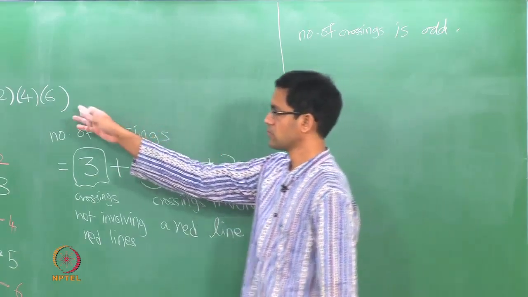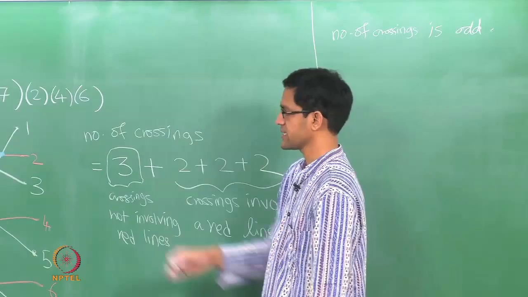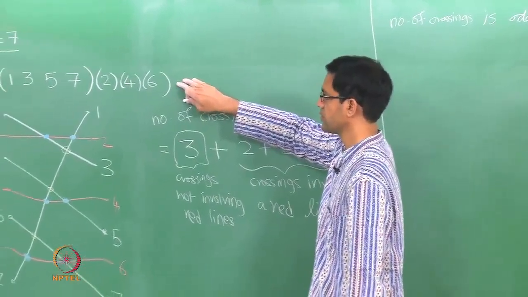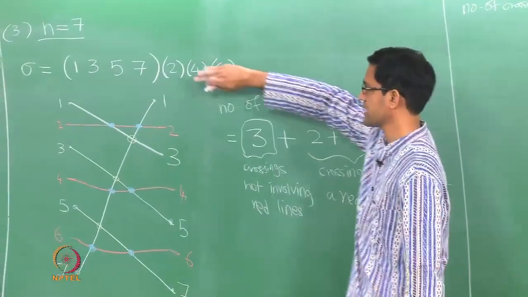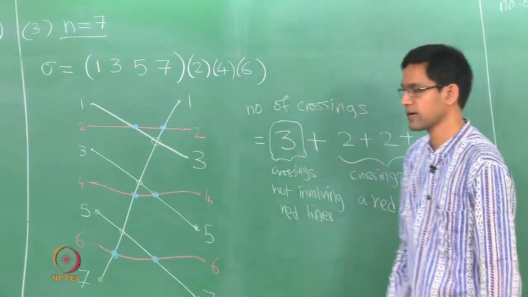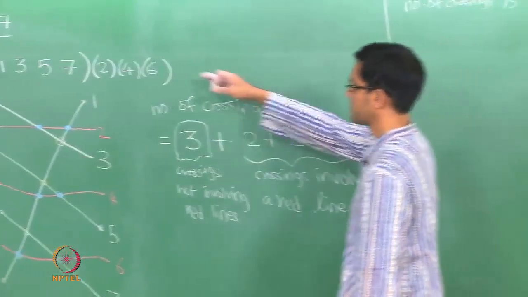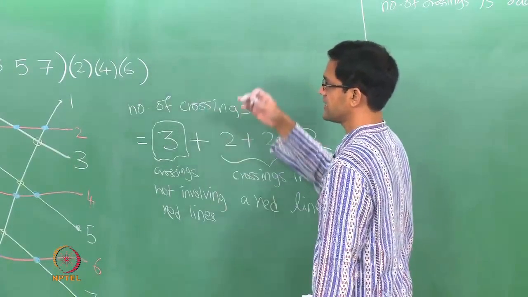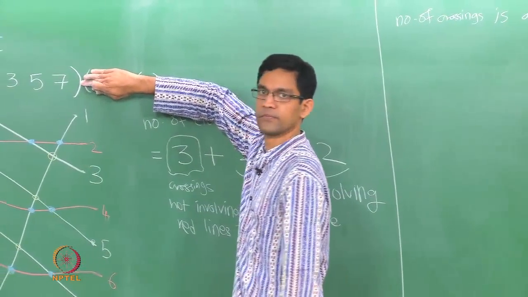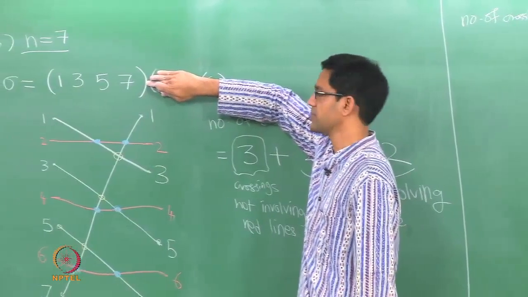So if you wrote down a permutation like this, a permutation like a sigma here, you would often also call this a 4 cycle. It really only permutes these 4 numbers in a cyclical fashion, it doesn't do anything to the other numbers. So when you have a permutation like this, the sign of this permutation is just the same as the sign of the underlying 4 cycle, which is an odd permutation.